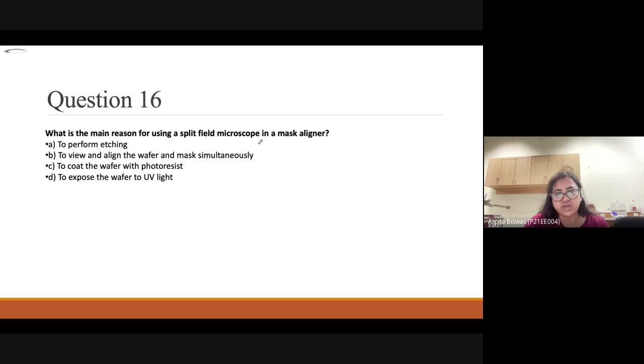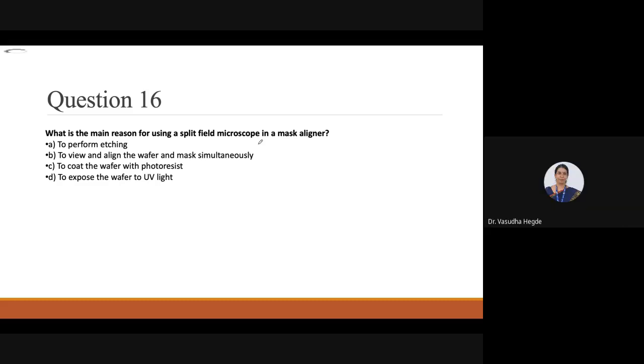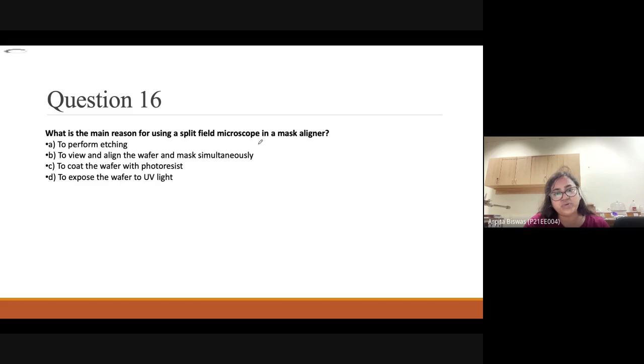But what we want, when you go for the exposure process, is that only the exposed portion will etch out, on the basis of positive or negative photoresist, and the remainder will stay. So we can use it for the etching process. In the etching process, the remaining portion will stay there and act as a mask.